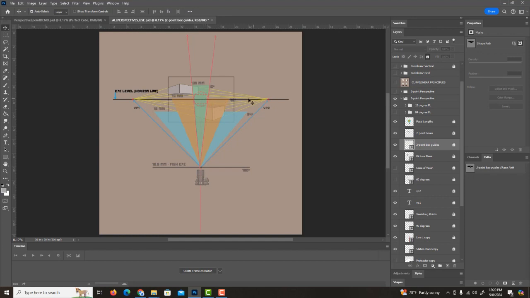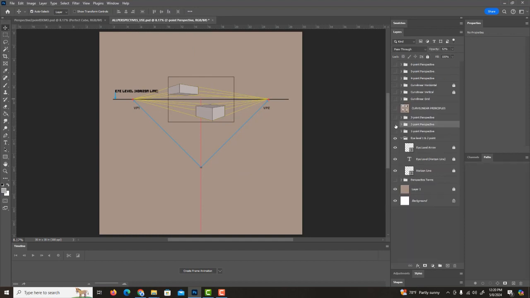So the same line coming out of the points will look different. You'll get a different box for the different perspectives. So that is 2-point perspective.